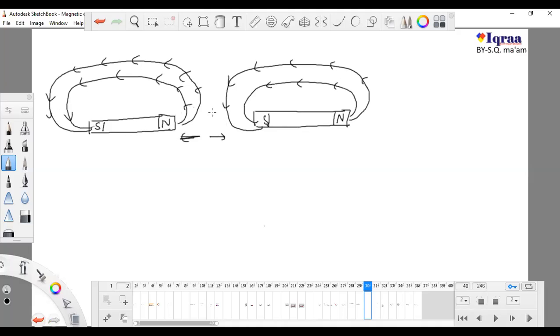Cannot intersect each other means, if I place these magnets close enough, it has its magnetic field, and it has its magnetic field. So the magnetic field lines never intersect each other.